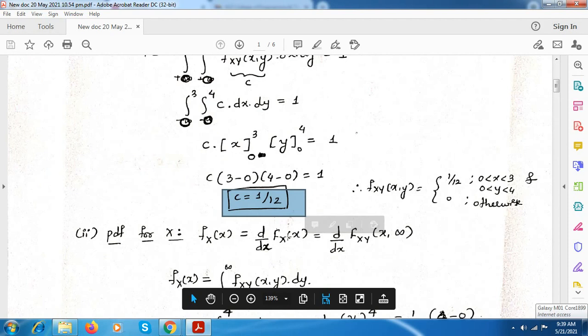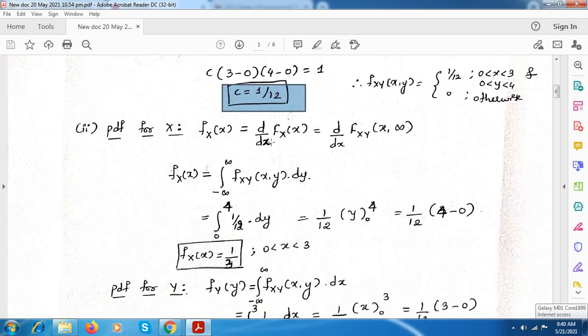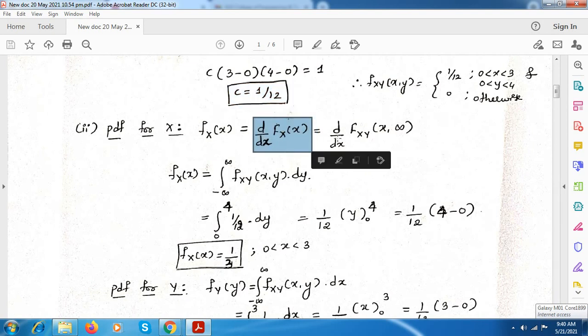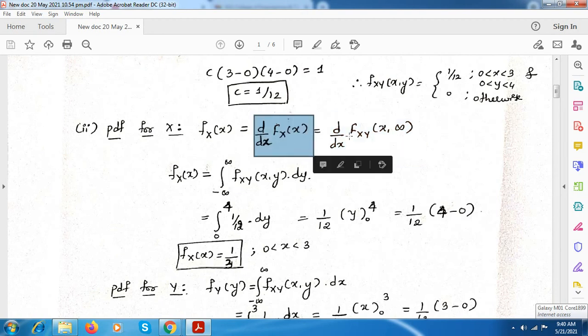Okay, so next we have to see the fX(x), which is nothing but the differentiation of FX(x). Here it is bivariate, so you can write that here y is equal to infinity. This equation is equivalent to this. Here when y is equal to infinity, you have this equation.